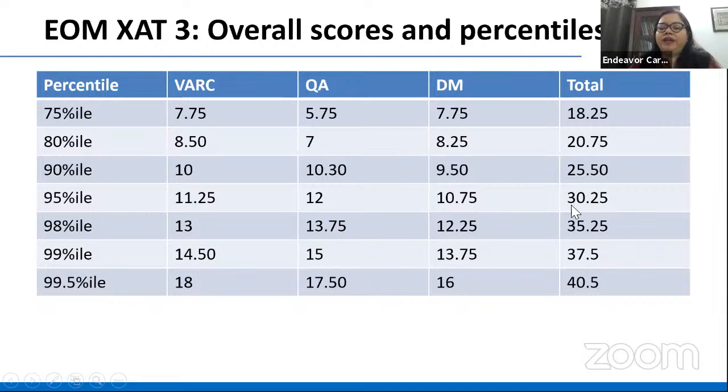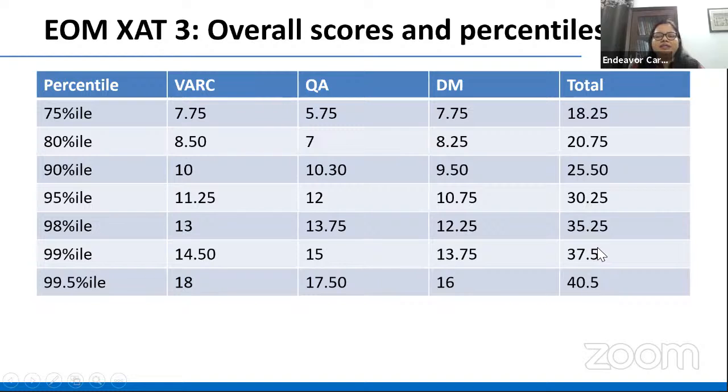An overall of 35.25 fetches you a 98 percentile, which is 13 in VARC, 13.75 in QA, and 12.25 in DM.